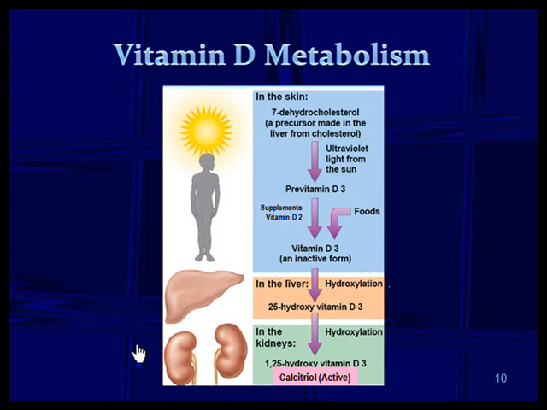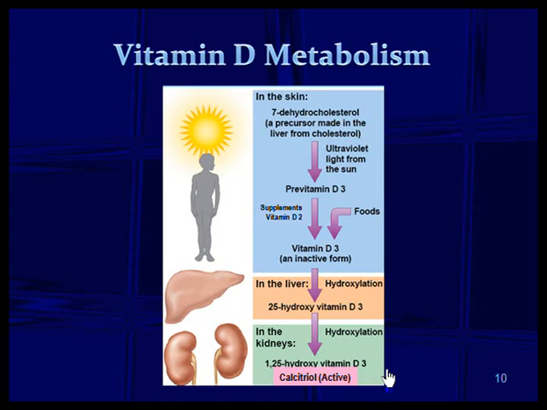So, the second signature on the check will be signed by the kidney, and that is the second hydroxylation at the first position. Then the vitamin D3 becomes 1,25 dihydroxy vitamin D3, also known as calcitriol, which is the active form of vitamin D3.